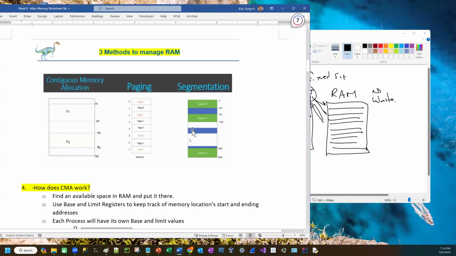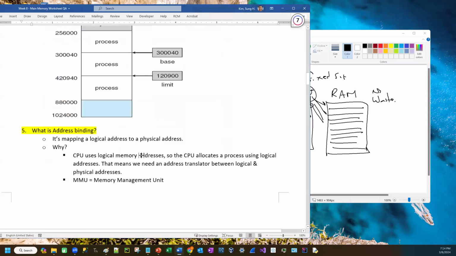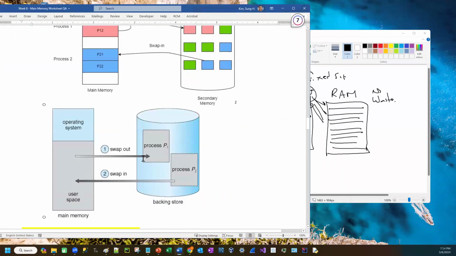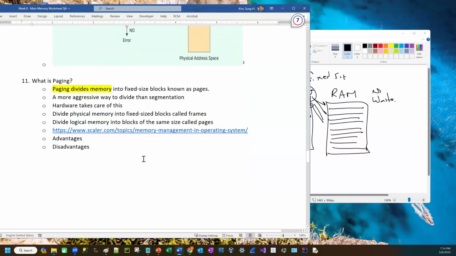So this is a further evolution. In segmentation, we split the processes, but in paging we slice mainly the RAM. Of course, we have to slice the process, but the RAM slicing is what we begin with. I just want you to know the general concept of those two.